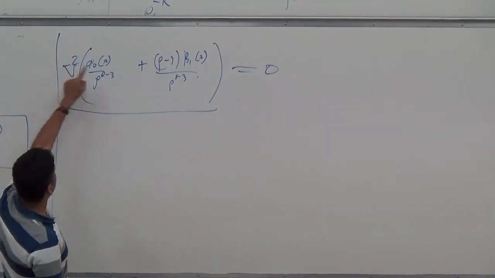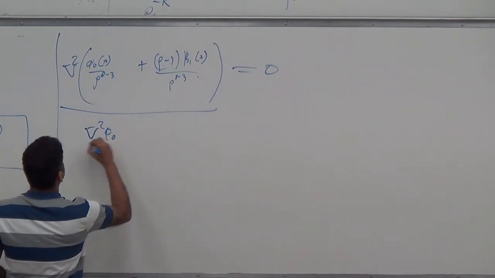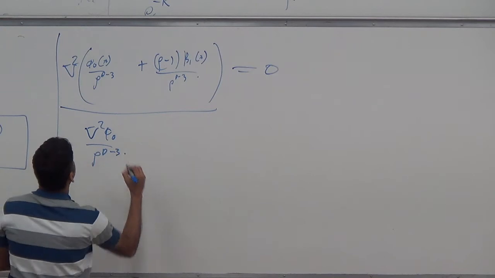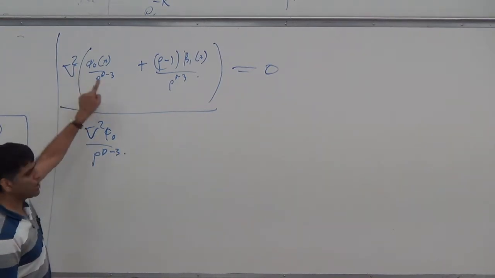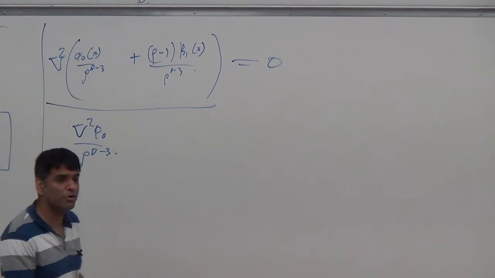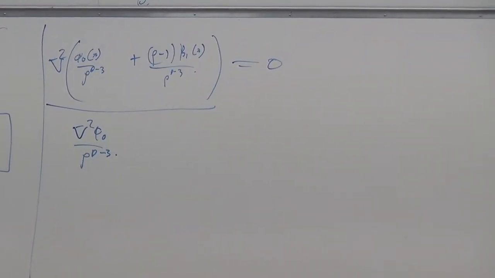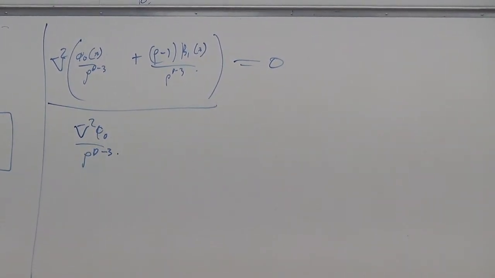Del squared acting on this has three terms. The first is del squared of phi naught divided by rho to the power d minus 3. Then there is a del phi naught dot del rho. So that's 0 because of this. And then there is a del squared of 1 over rho to the power d minus 3. So that's 0 because of the definition of rho. Rho was a function that obeyed del squared of 1 over rho to the power d minus 3 is equal to 0.